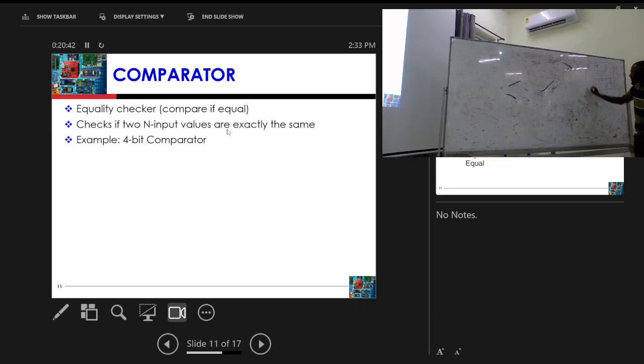Let's see the truth table for our XOR gate. For XOR, if A is 0 and B is 0, what is the output? 0. If A is 0 and B is 1, 1. 1 0 gives 1. 1 1 gives 0.